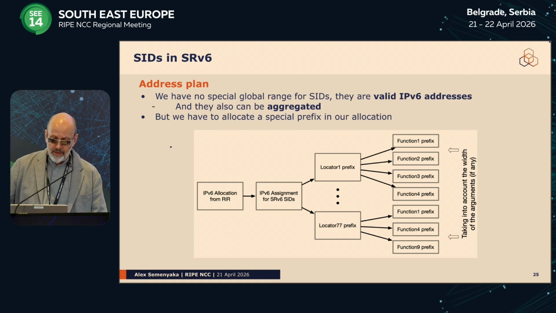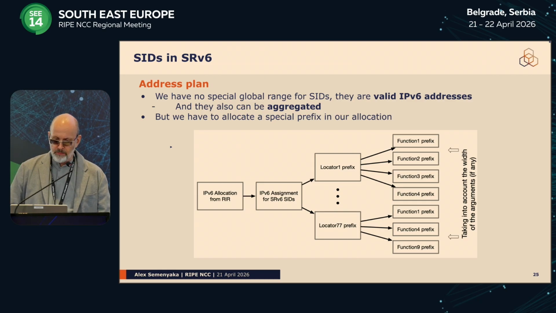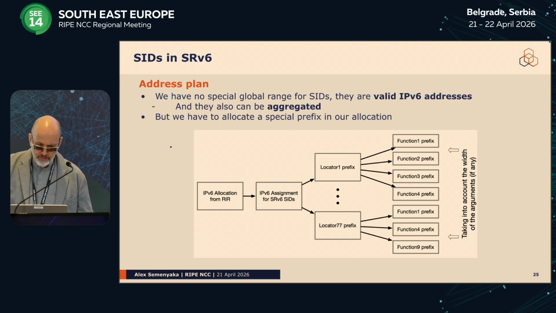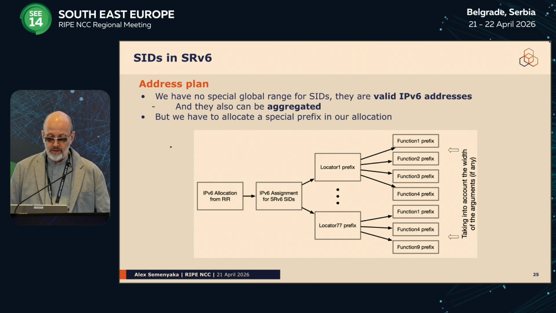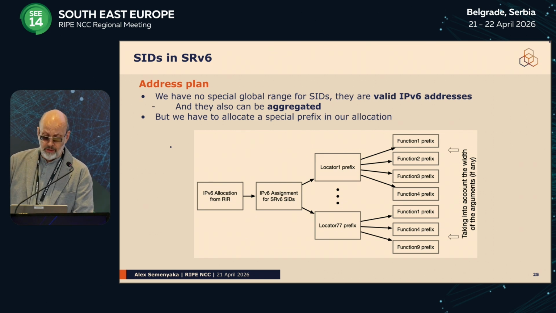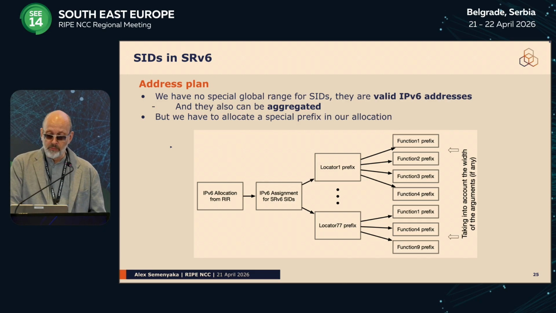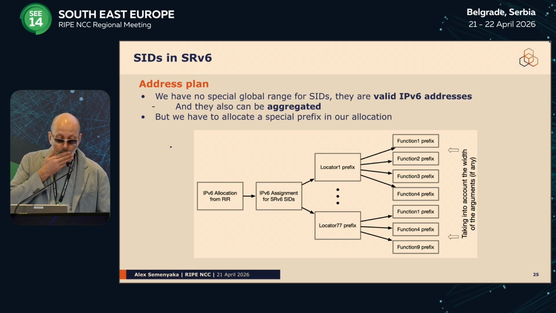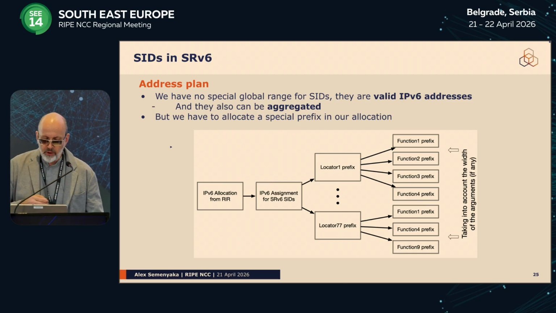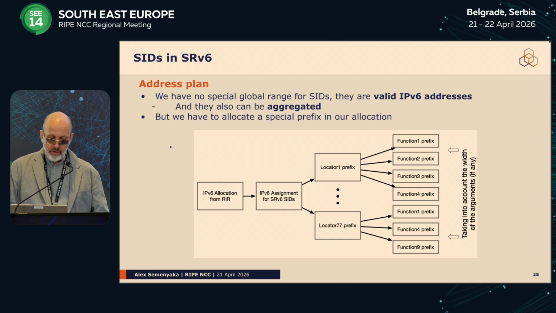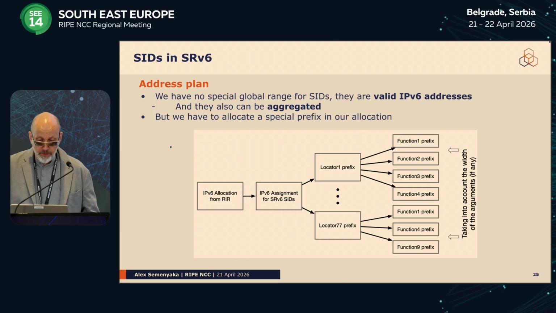And inside this address block, we have locators prefixes. Inside these locators prefixes, we have functions prefixes. And some functions might need arguments, so we need extra bits for that. And it's completely reasonable to keep the width of all parts the same.